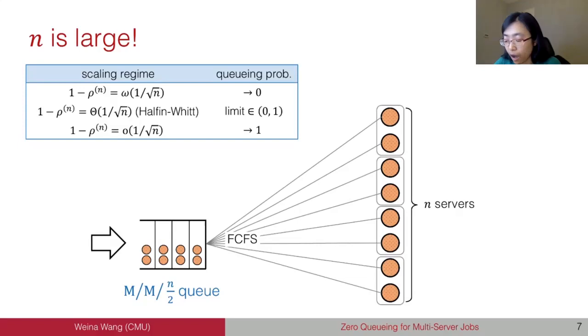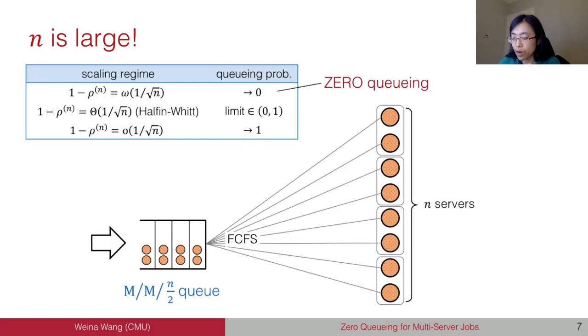Depending on how the load scales with n, the queuing probability can converge to 0, to 1, or something in between. In particular, we are interested in the case when the queuing probability goes to 0, because that means most of the jobs go into service directly without queuing. They don't have to wait at all. This is what we want, and this is what we mean when we say zero queuing.